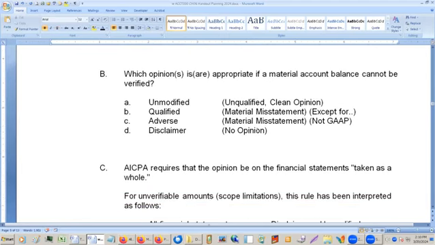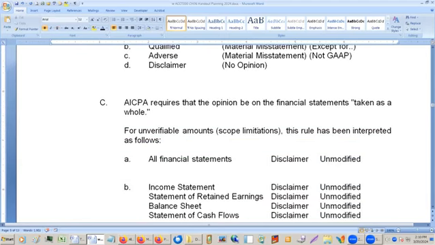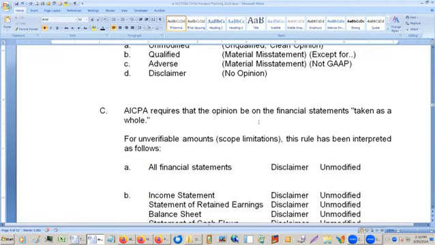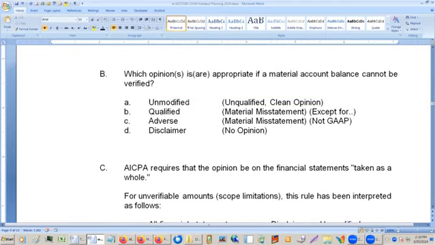Now here is where it can be a little bit tricky. And that is, which opinions are appropriate if the material account balance cannot be verified?